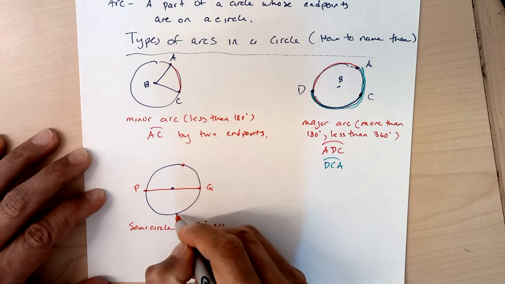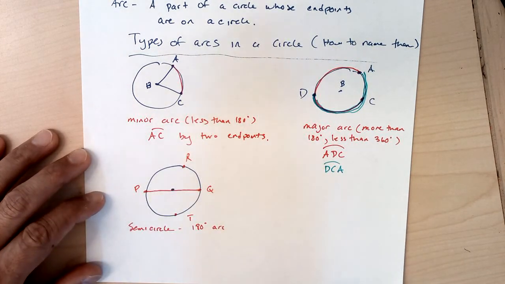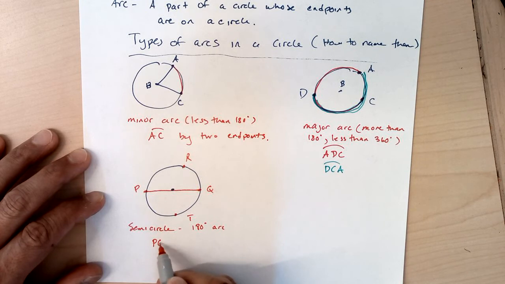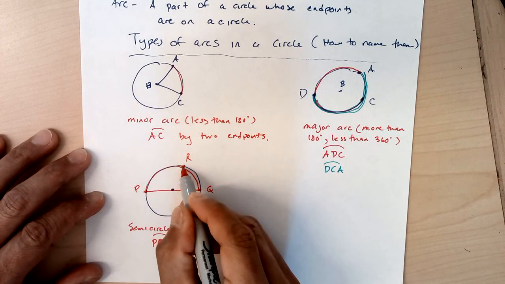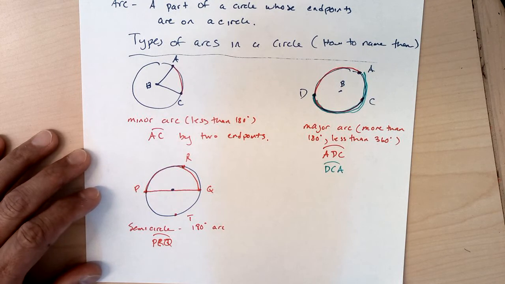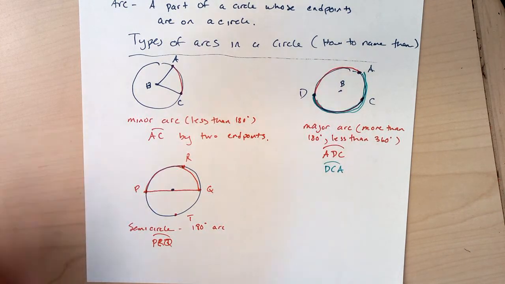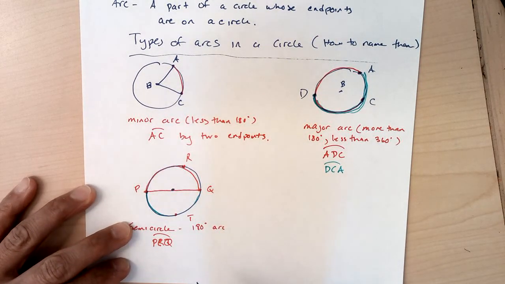So if I have points here like R and T, if I'm talking about the top semicircle, then the top semicircle could be arc, whoops, that should be R and T. That's this arc right here. P, then to R, before you get to Q, sorry, I said PRT, it actually should be PRQ, but that's a semicircle. The other semicircle in that diagram is semicircle PTQ on the bottom half of the circle.